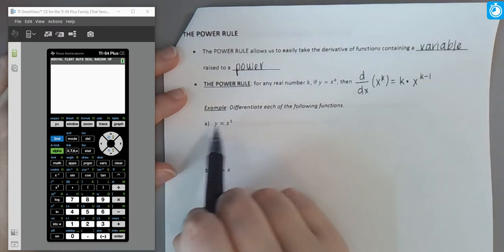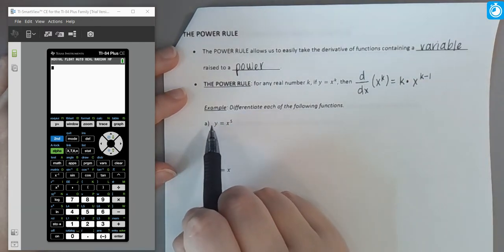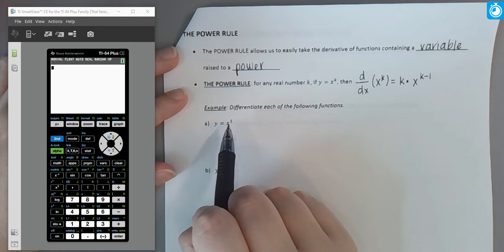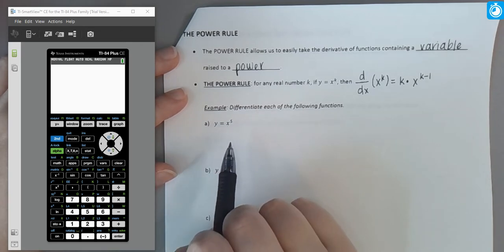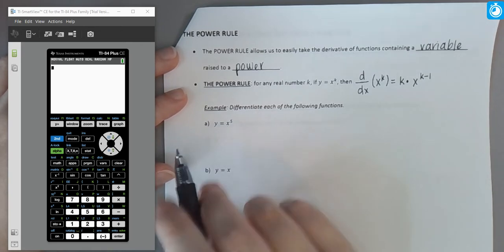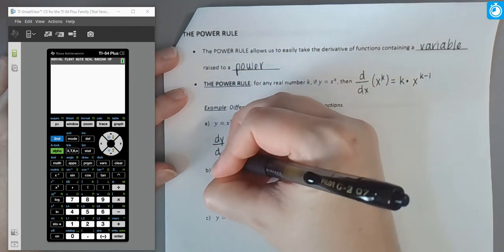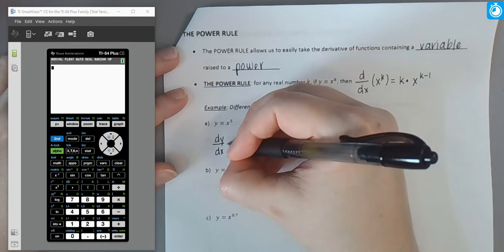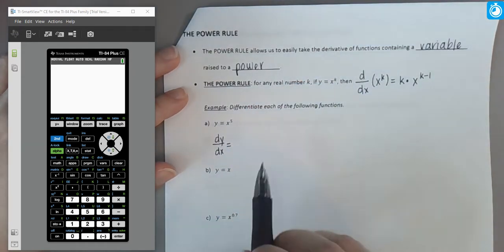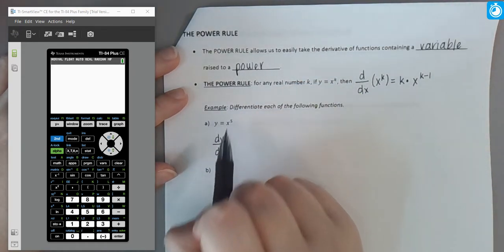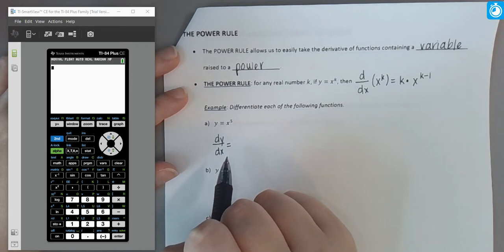Our first function is defined as y is equal to x to the 5th power, and we want to take the derivative of this function. The derivative of y with respect to x can be determined by the power rule, since we have our variable raised to a constant power.